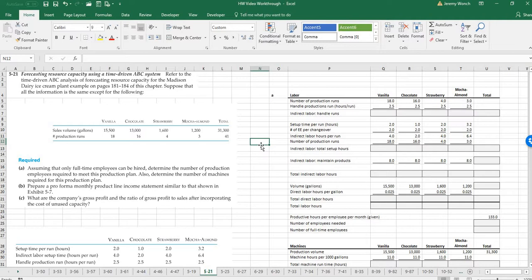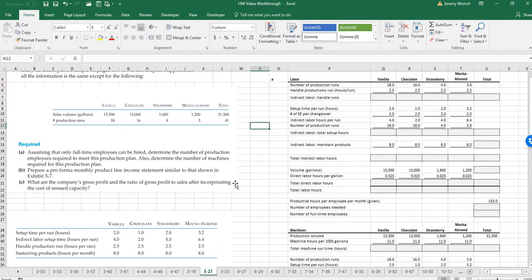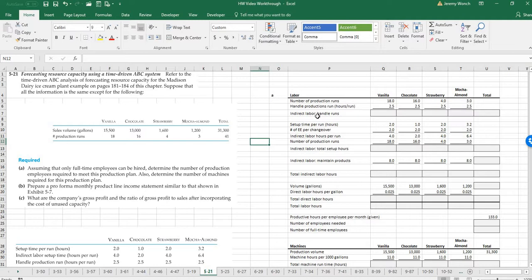In this problem, we'll start off with labor, and we want to figure out the indirect labor for the number of runs. This information is given. The number of production runs for each of the ice creams is right here: 18 for vanilla, 16 for chocolate, and so on.